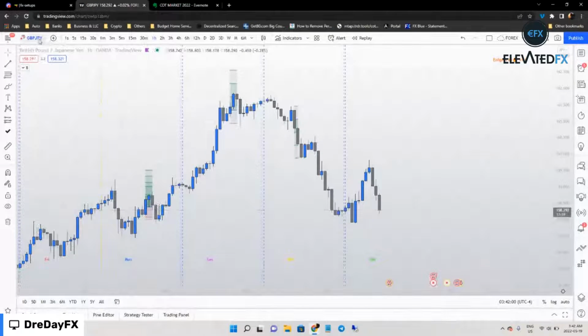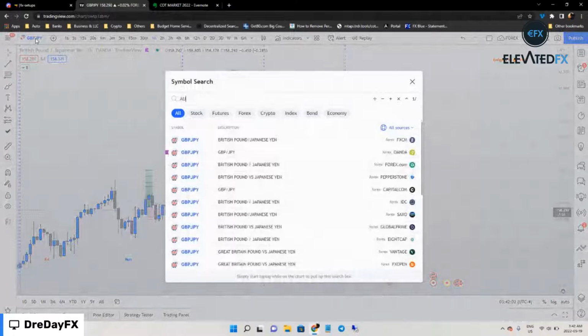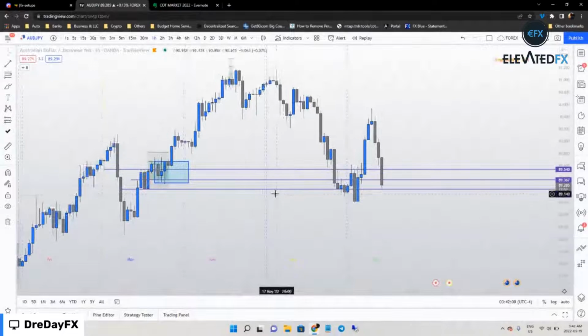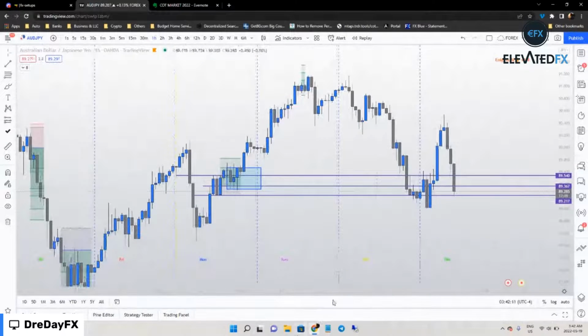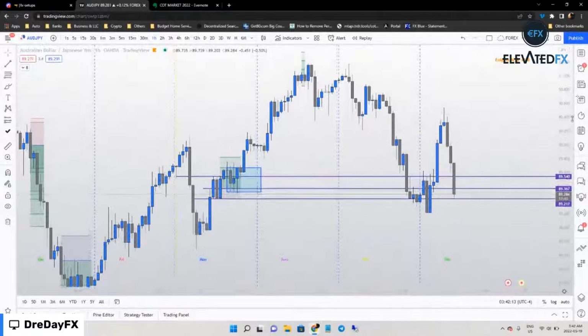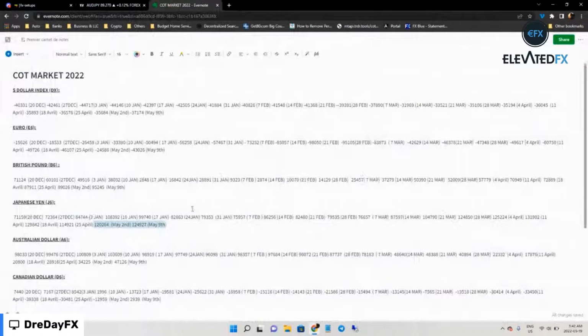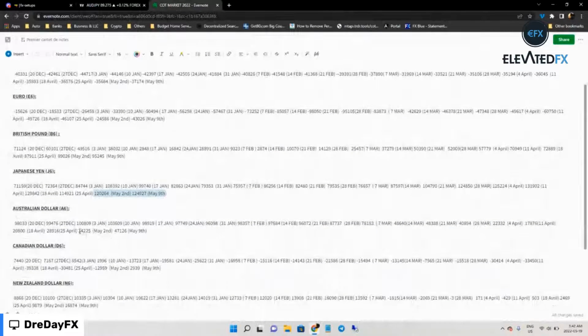Okay, let's look at AUDJPY. AUDJPY, same thing. Let's look at data. So yeah, so JPY, we said it was around 4,000.